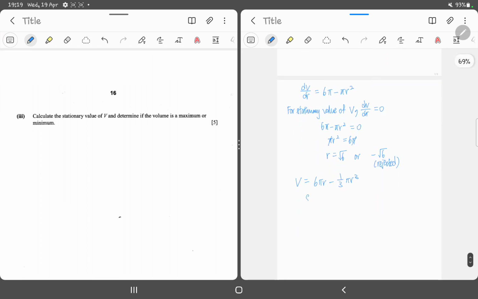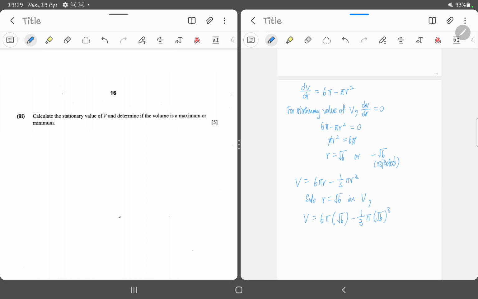Substituting r equals square root 6, we get V equals 6 pi square root 6 minus 1 over 3 pi times square root 6 cubed.